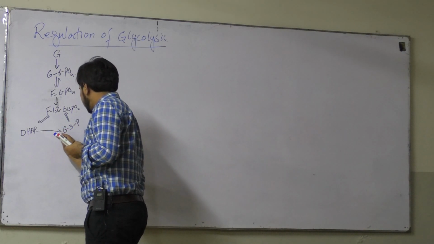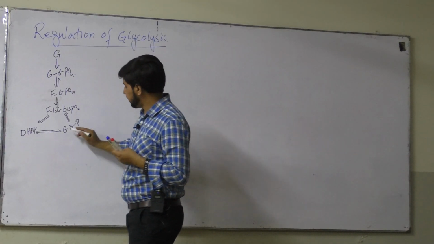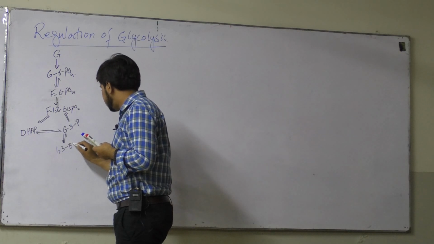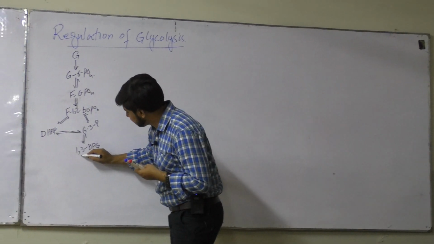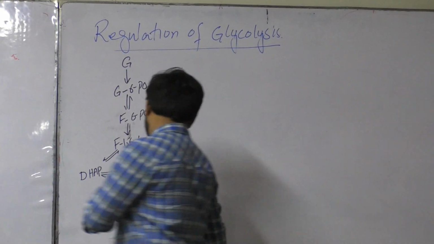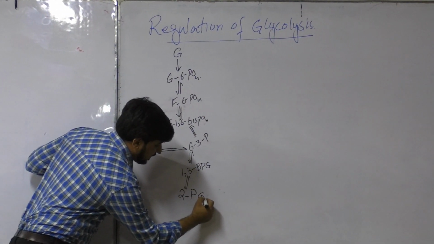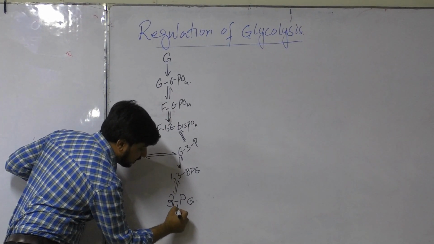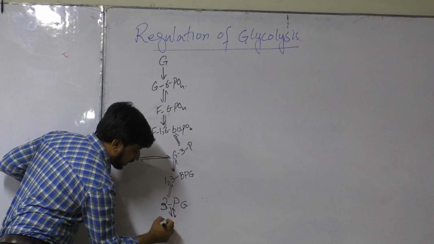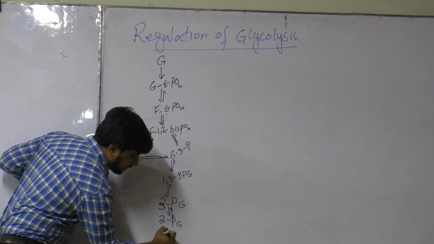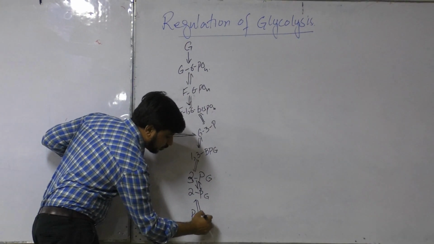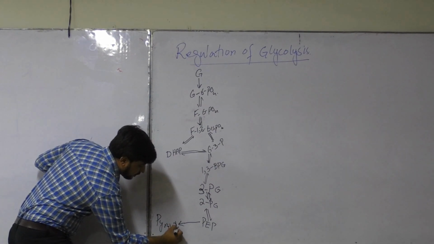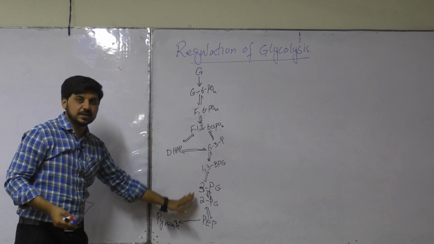This dihydroxyacetone phosphate is converted into glyceraldehyde 3-phosphate, and then the reaction goes on, and we have 1,3-BPG, and then 3-PG, 3-phosphoglycerate, which then gives 2-PG, and then phosphoenolpyruvate, and at the end we have pyruvate. So these were the chemical reactions of the glycolytic pathway.